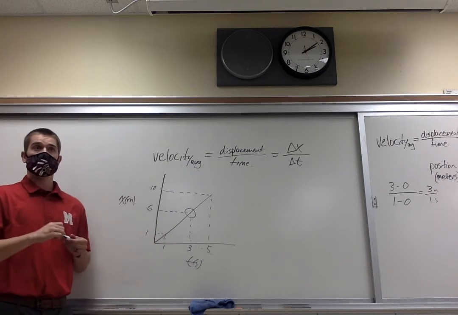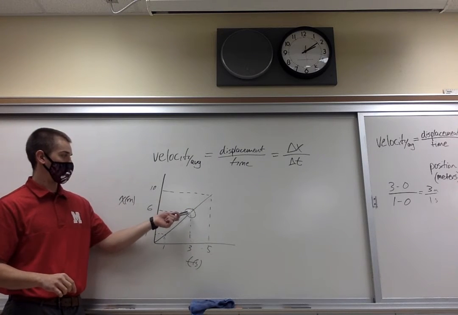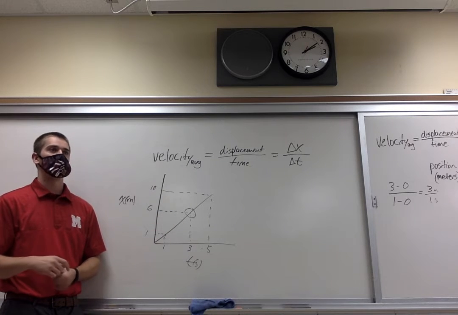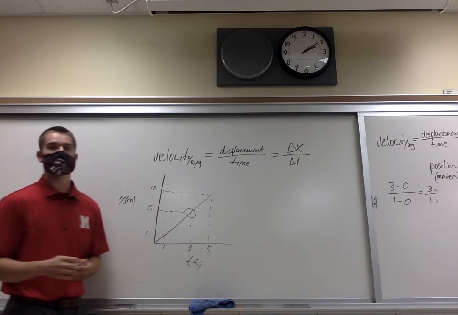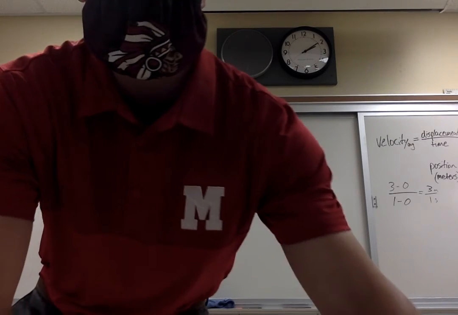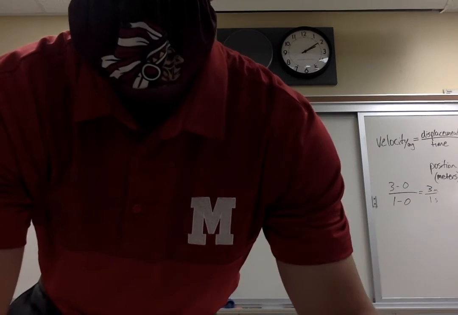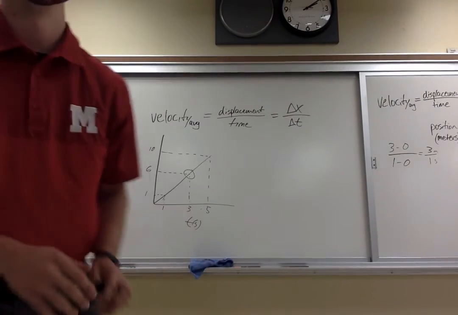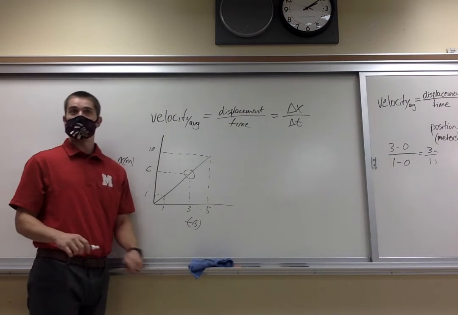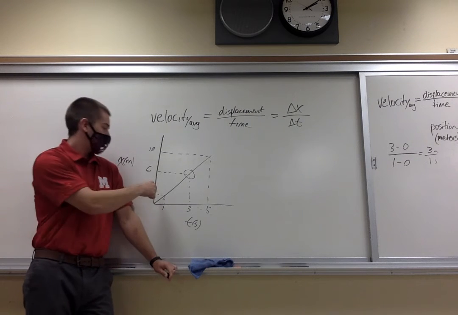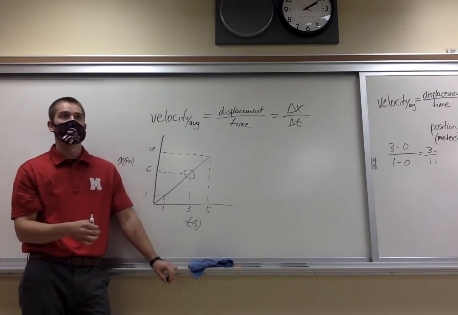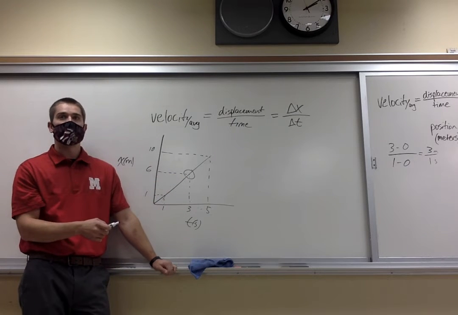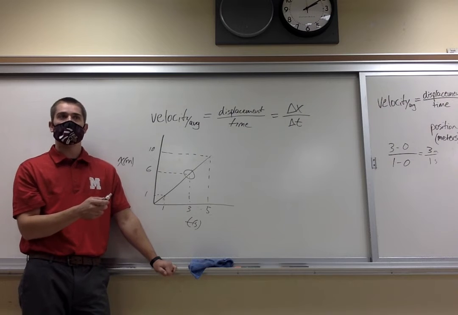I want to know how fast I'm going at exactly this point in time. What I would do is figure out the slope of the line at that point. So if I look at this position time graph and I find the slope at this point, that'll tell me how fast I'm going at that moment.